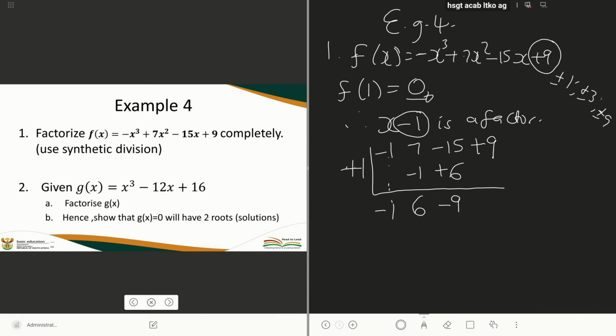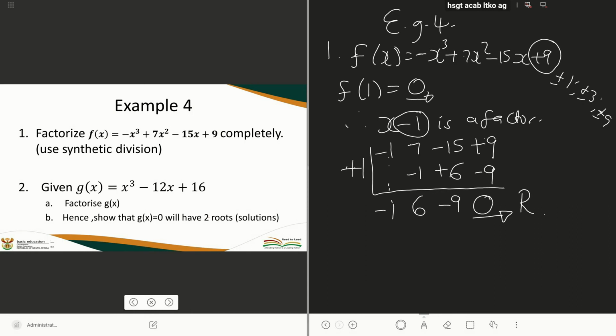Then positive 1 again multiplied by negative 9 is negative 9. So 9 plus negative 9 is 0. This 0 serves as your remainder.